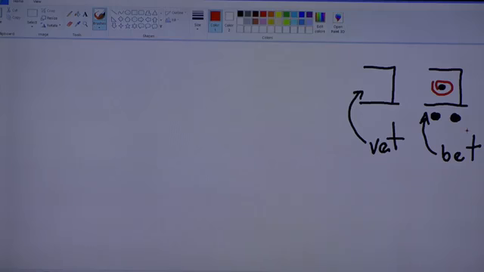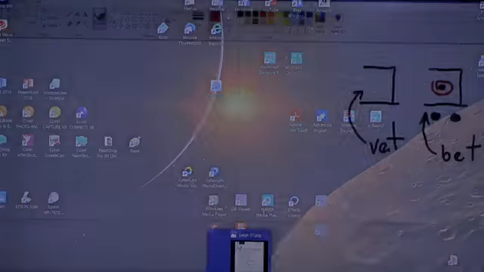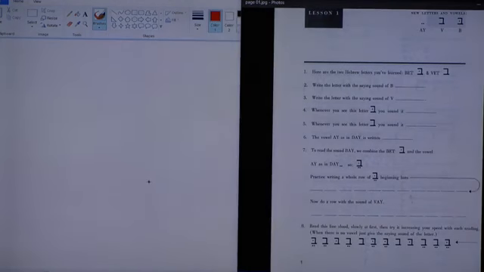Okay, lesson 1. Lesson 1 was the bet, vet. Now, what they have here in the book is a B and a V, so right underneath that, you can write it with your own pen, bet and vet.